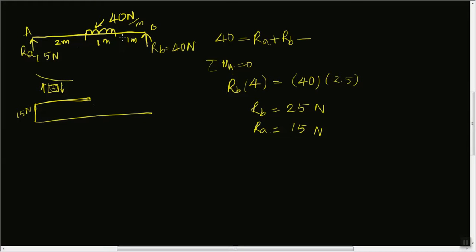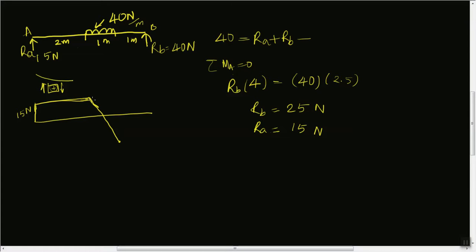This load is causing a total load of 40 newtons, and it is varying across this. I'm drawing this line in the downward direction because due to RA we are going up, and due to the load from the top we should go down.